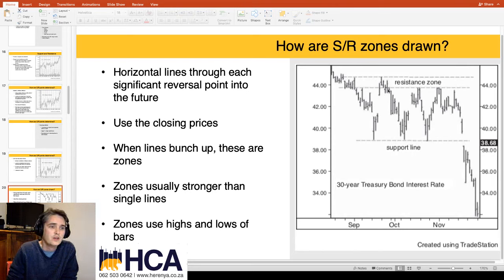You might find that here there are a number of confirmed reversal or resistance points, and they all bunch up in this area, and there are some up here, and some here, and some here, and you start drawing in a bunch of lines, and they all start grouping together.